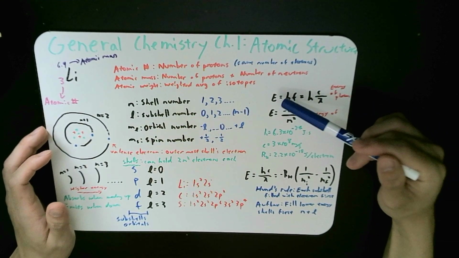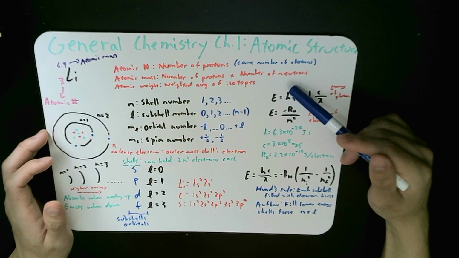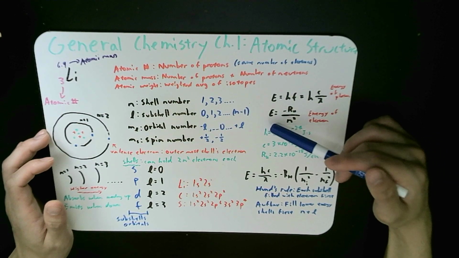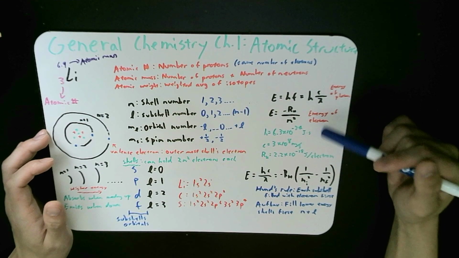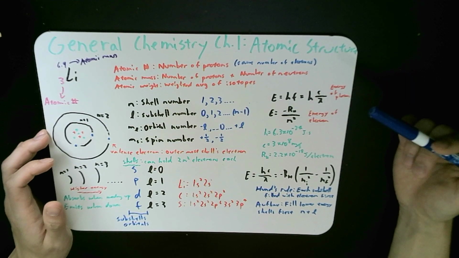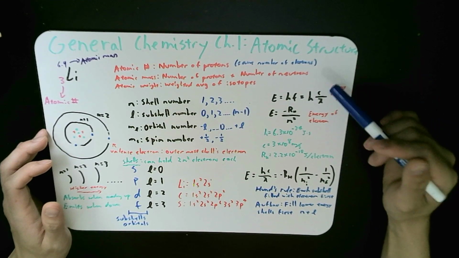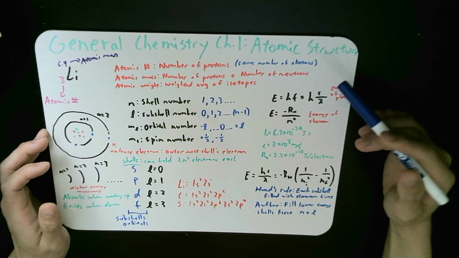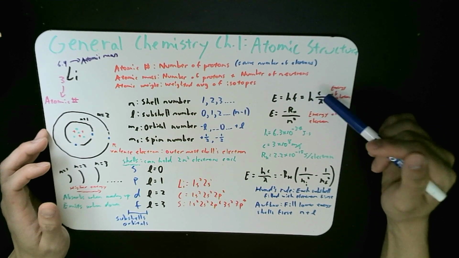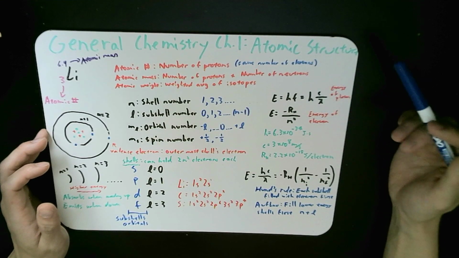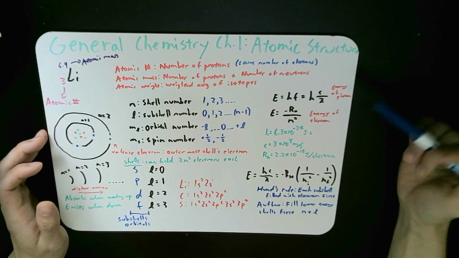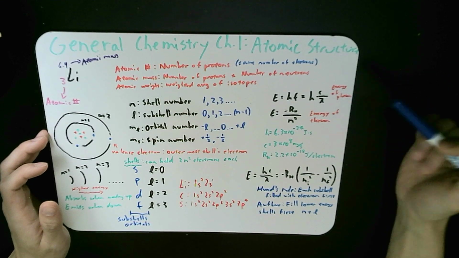We have energy equals hf, where h is Planck's constant, 6.3 times 10 to the negative 34 joule-seconds, times f, which is frequency. If we recall from earlier physics, we know that f equals c, the speed of light, divided by wavelength. This is the common Planck's equation we know, and that's the energy of a photon.